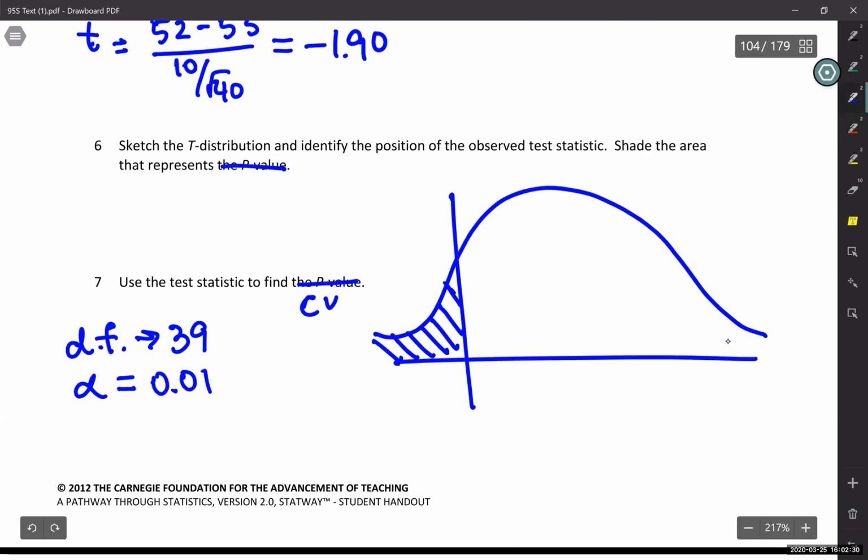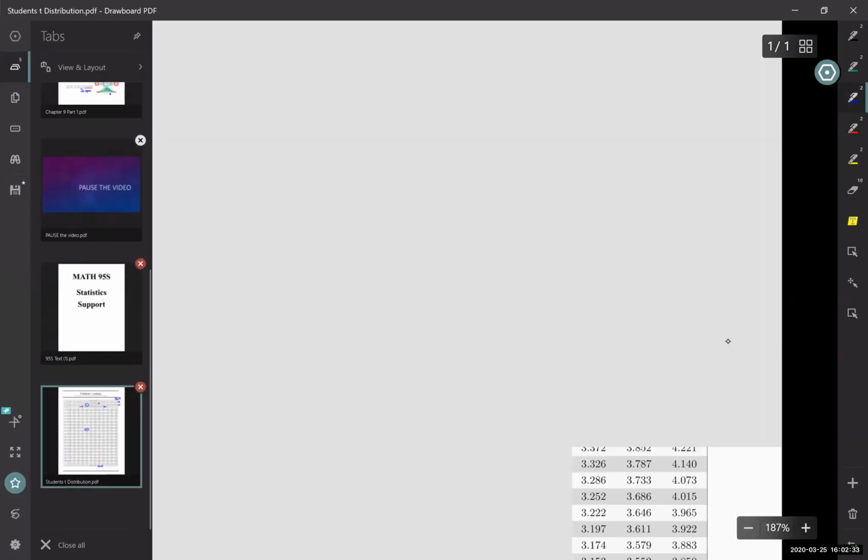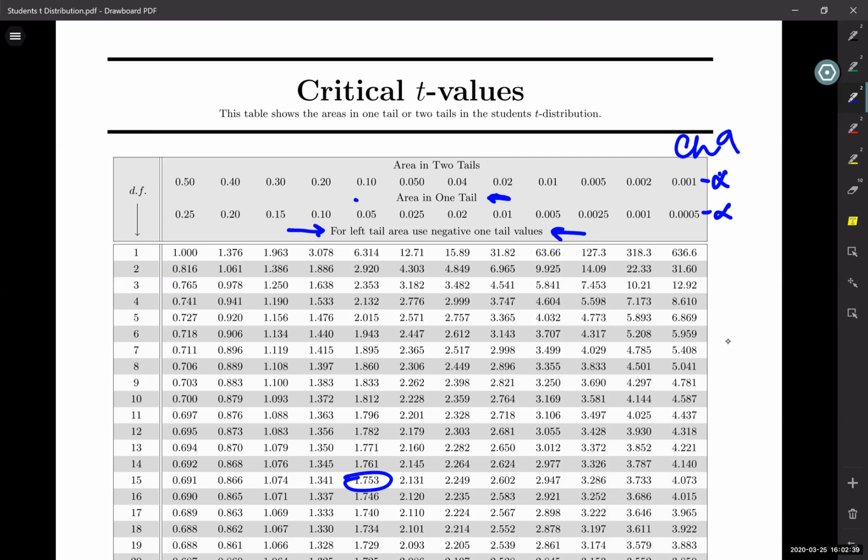I'm going to go to the table. We are using a new alpha. This is still one tail, so I'm still down here on the second line. I have my 1%, but then over here I have this new thing. It says for left tail, use negative one tail values.